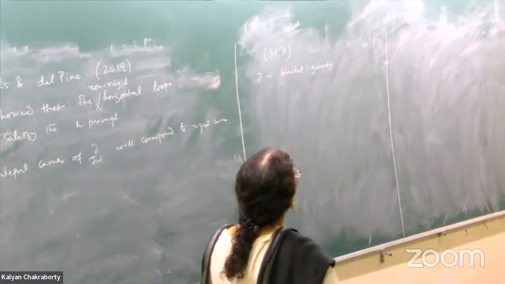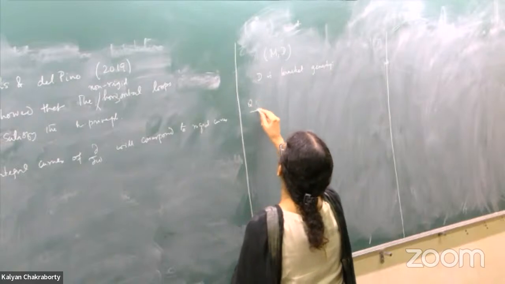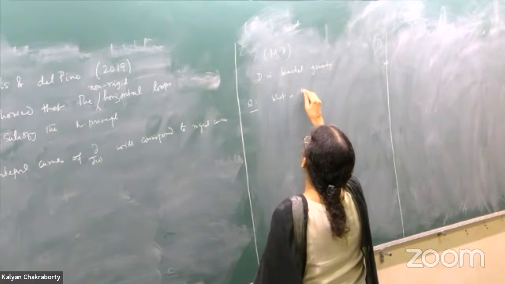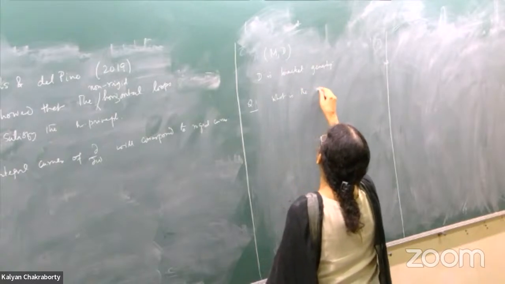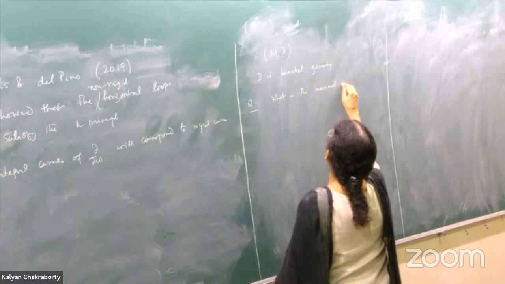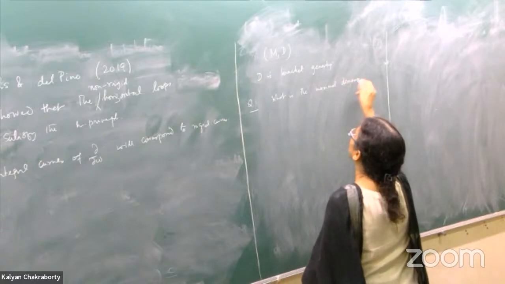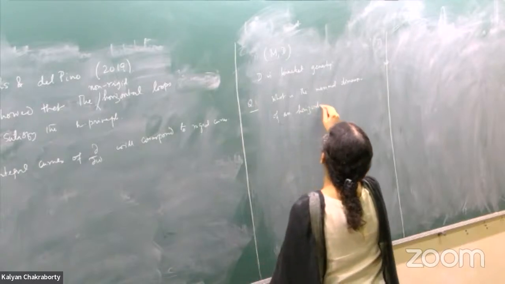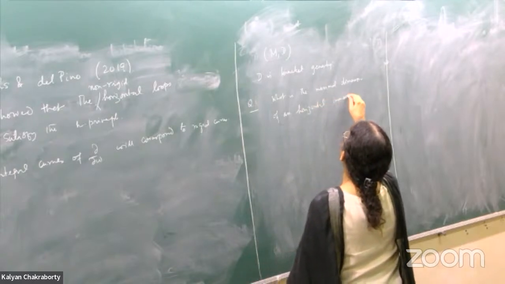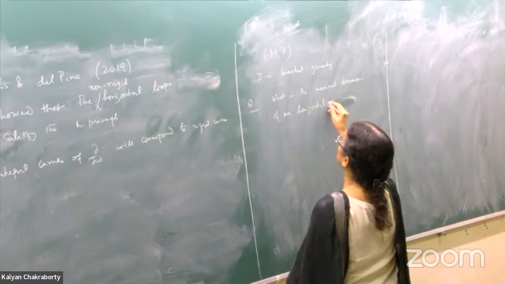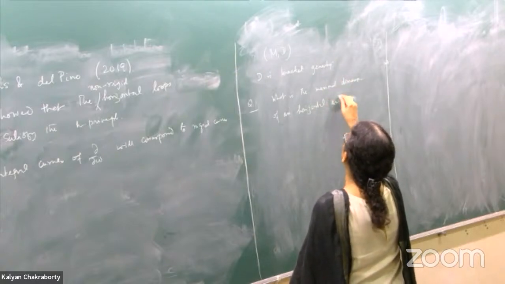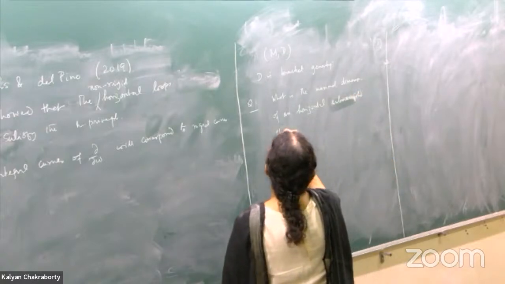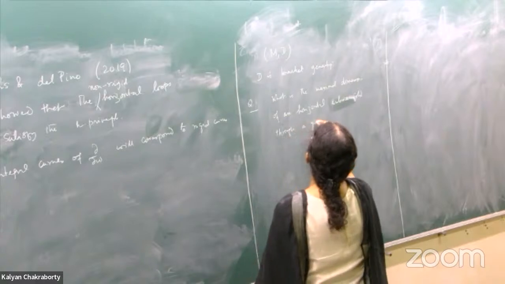The first question is this: what is the maximal dimension of a horizontal submanifold through a given point?